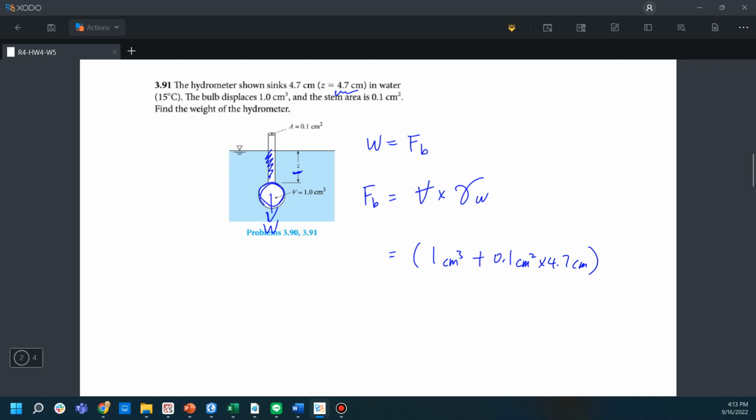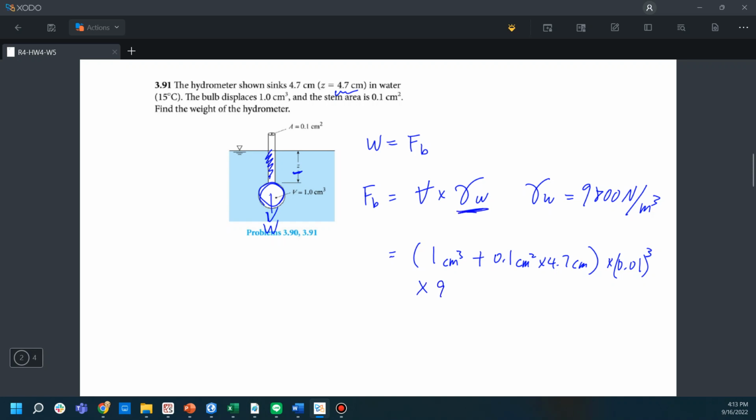Okay, and for water, we know the gamma W is equal to 9800 Newton divided by cubic meter. So we need to first convert the unit of this cubic centimeter into the cubic meter. So to do that, we need to times 0.01 to the power of 3, because 1 centimeter is equal to 0.01 meter.